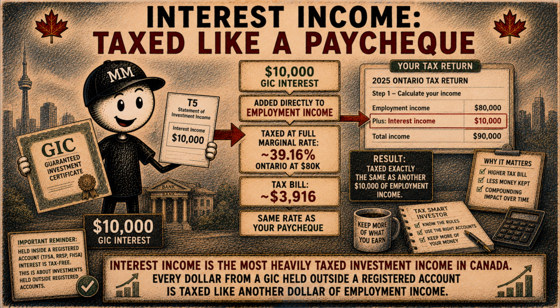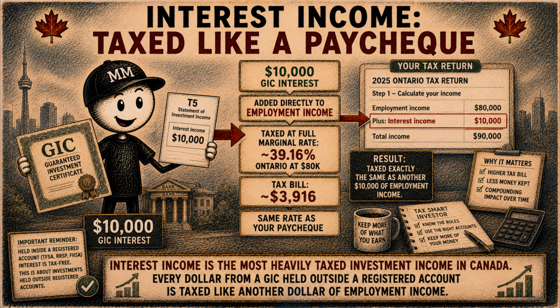Tax on $10,000 in interest income, approximately $3,916. This is the most heavily taxed form of investment income in Canada. Every dollar of GIC interest earned in a non-registered account is taxed at the same rate as your paycheck.